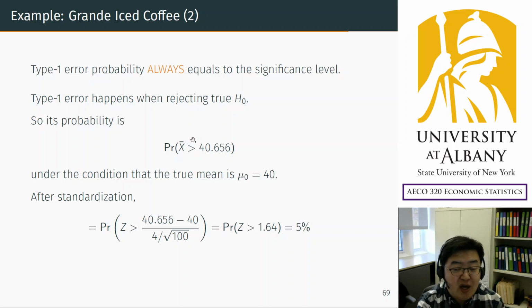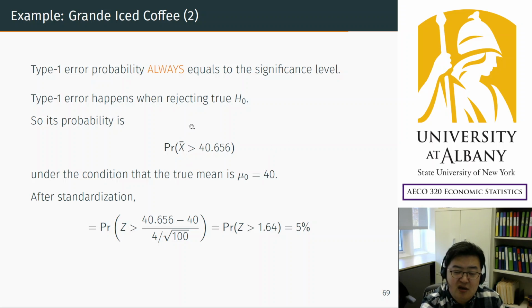But if you wanted to calculate the probability, you are calculating the probability of rejection, which is the sample average greater than the critical value, under the assumption that the true mean is 40 degrees. So your coffee is correctly cold, but your measurement was wrong, so you may see it's not cold enough. That is type 1 error.